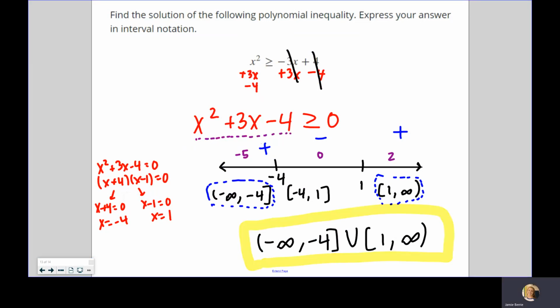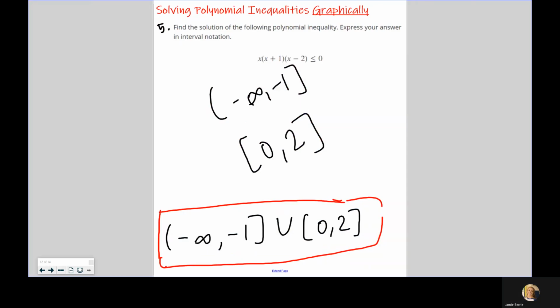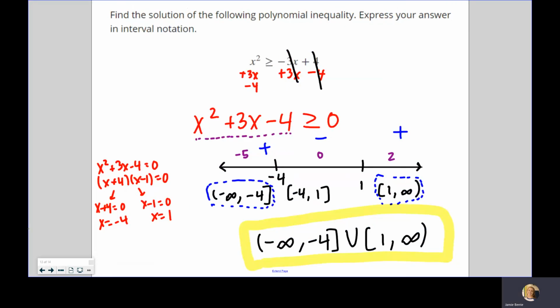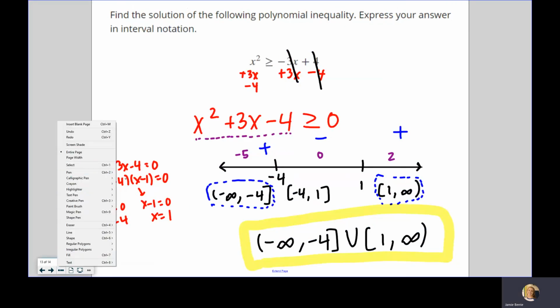They use a different method. They make a little table in your homework system and in your textbook, but I think this is a little bit easier. I forgot to number this question. This was number 6, sorry. Forgot to number that one.